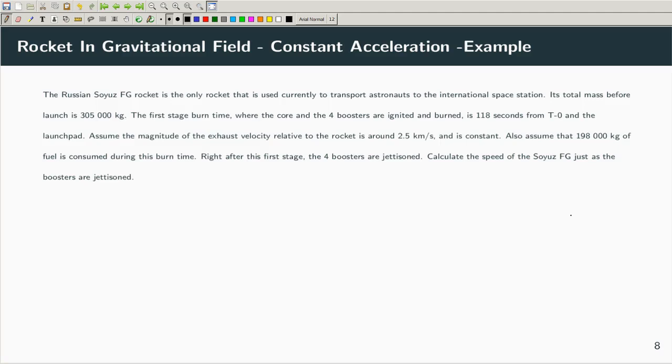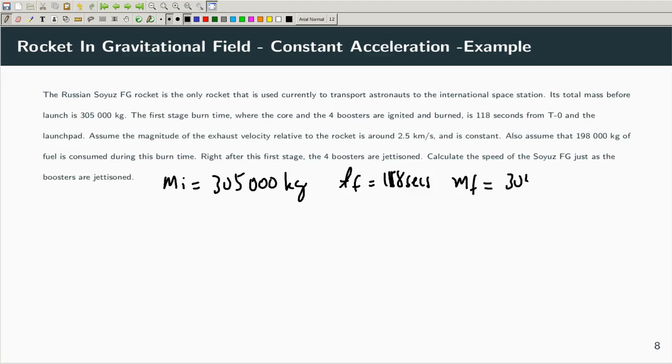So, we have the initial mass of the rocket to be 305,000 kilograms. After the final time, 118 seconds, the mass final is equal to its initial mass take away the mass consumed, so the fuel.